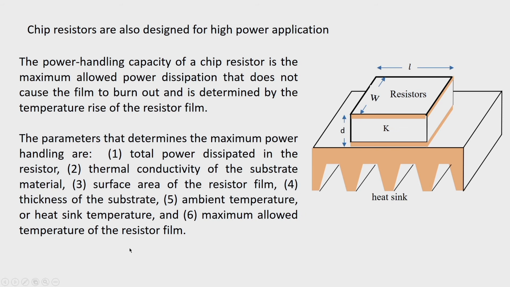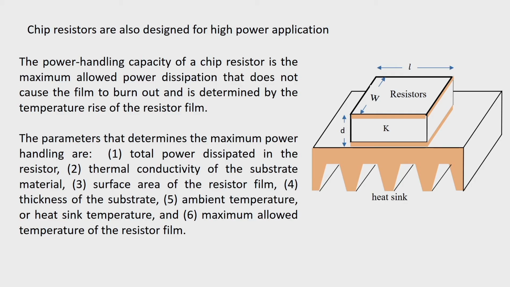Now, parameters that determine the maximum power handling of this type of chip resistors are total power dissipated in the resistor, thermal conductivity of the substrate material, surface area of the resistor film, thickness of the substrate, ambient temperature or the heat sink temperature, and maximum allowed temperature of the resistor film.